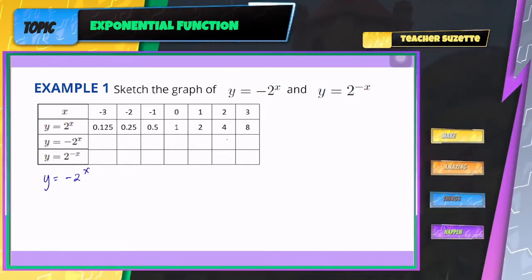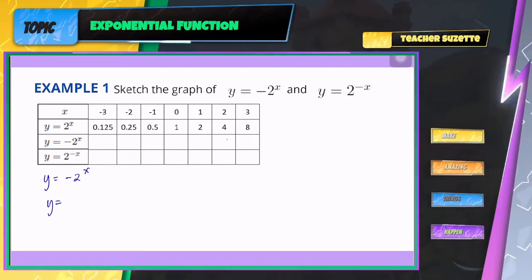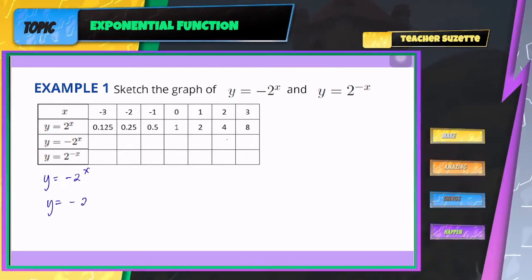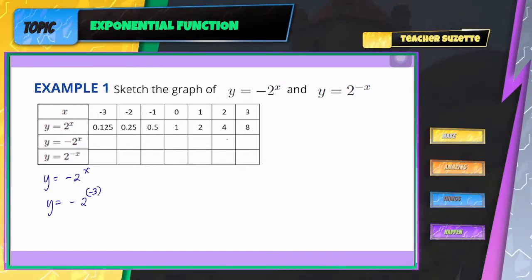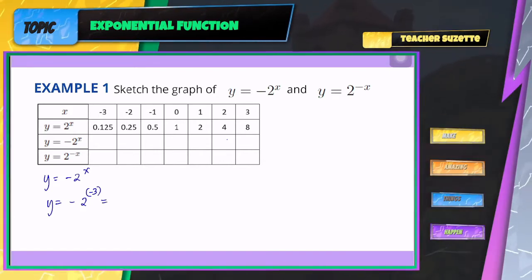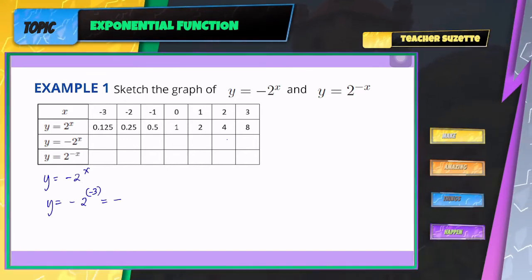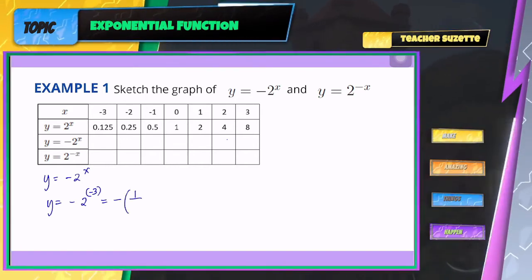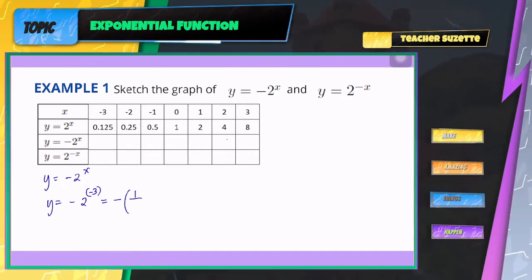So, we have first, x is equal to negative 3. So, that would be y equal to negative 2 raised to negative 3. And negative 2 raised to negative 3 again, yung negative 3 dito ay naka-raise ng sa ating positive 2. So, you will have negative 1, then get the reciprocal of 2 raised to 3. That is, 2 raised to 3 is 8.